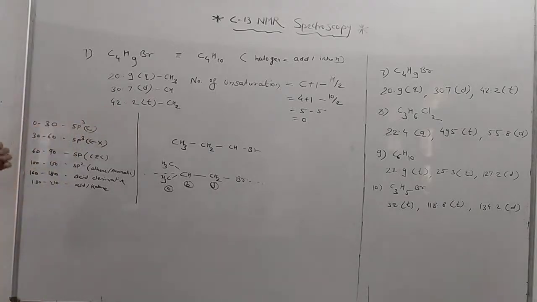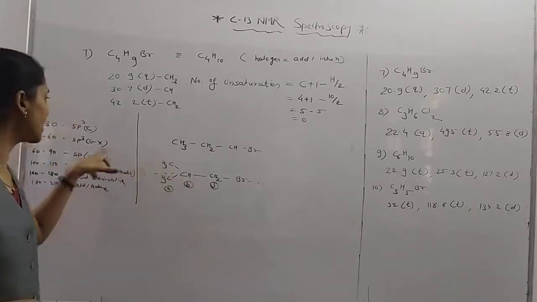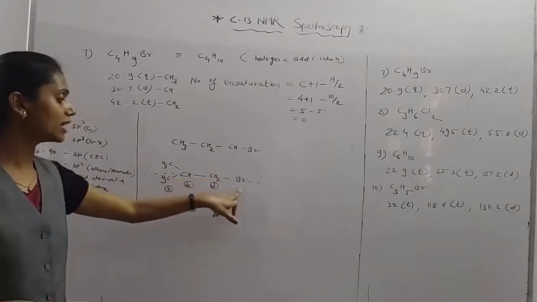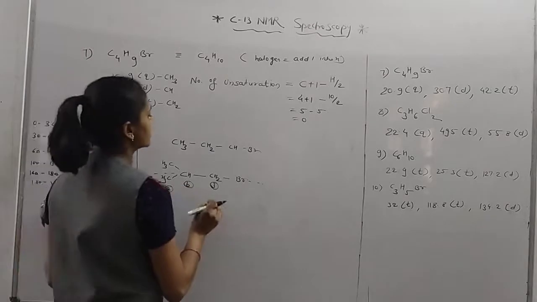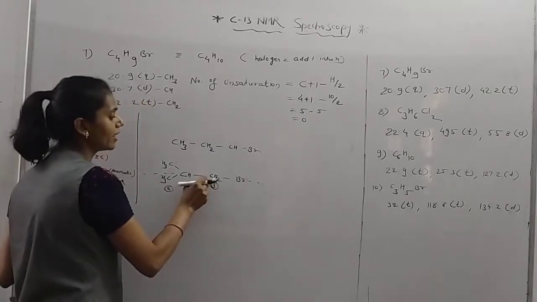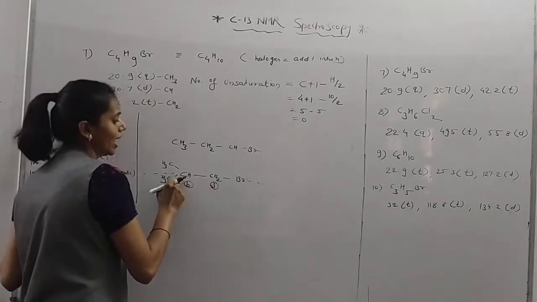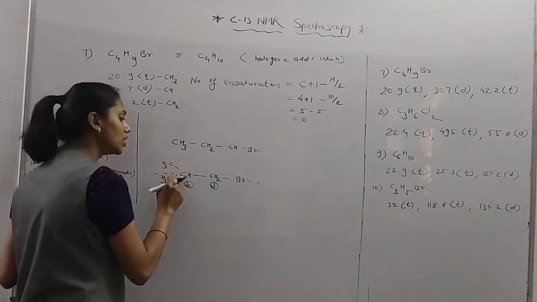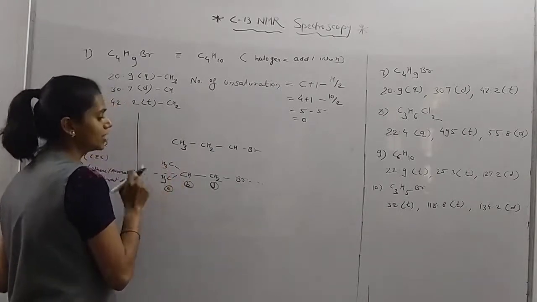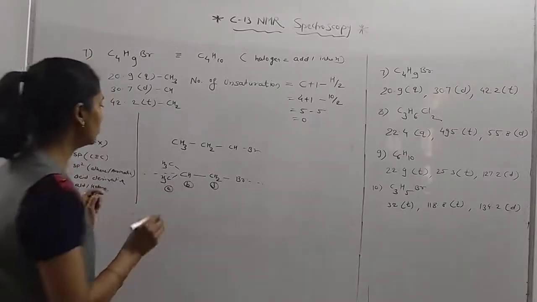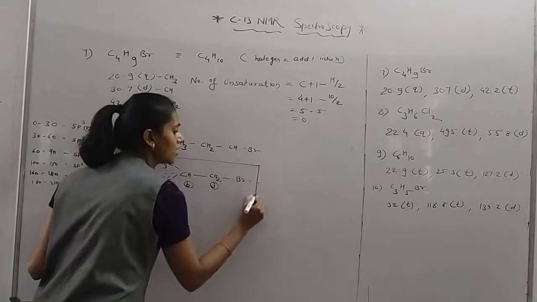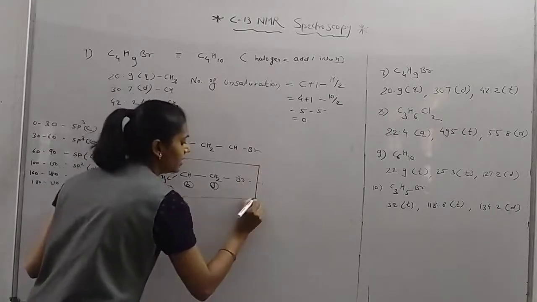Since it is deshielded as compared to the others, the reason being that this CH2 carbon is attached to an electronegative group. Which electronegative group is here? It's bromine. That means in this example the CH2 is more deshielded than the CH, and the CH is deshielded compared to the two CH3 groups. So its value is like this. Now this is the correct structure according to our given data.